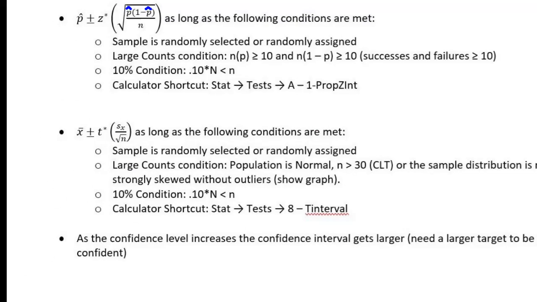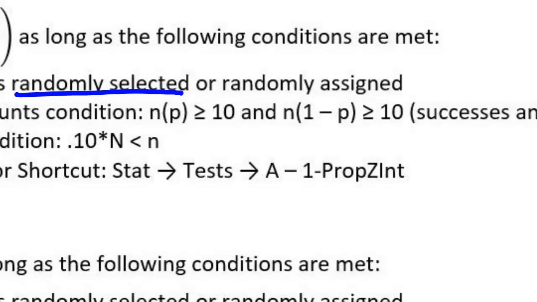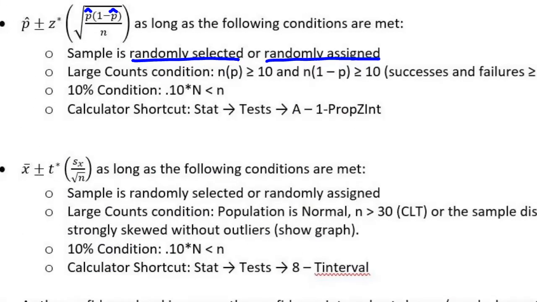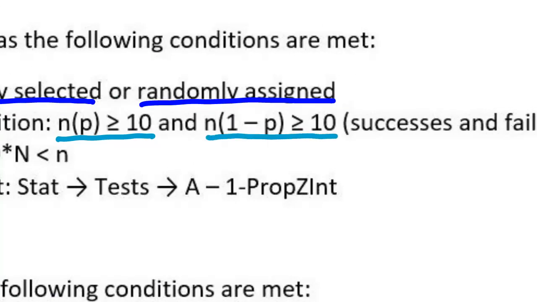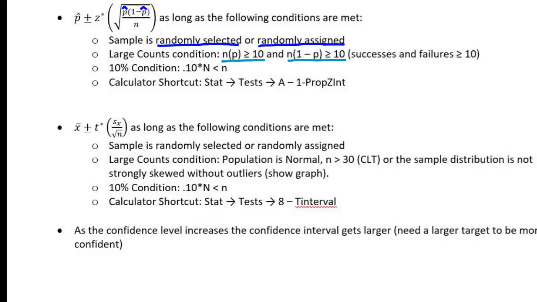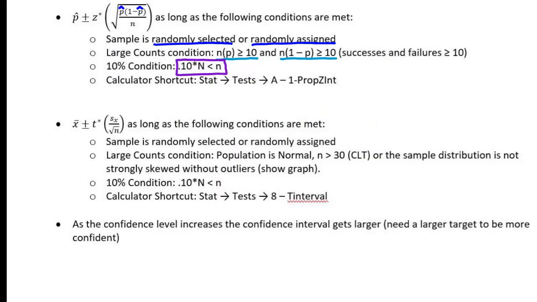We can use that formula as long as the sample is randomly selected or randomly assigned. We meet our large counts condition, n times p hat is greater than or equal to 10, n times 1 minus p hat is greater than or equal to 10. We meet our 10% condition. If those three conditions are met, then we can do our confidence interval formula.